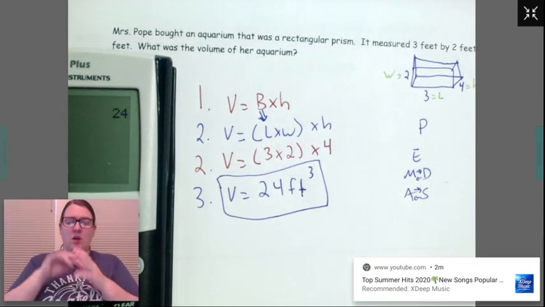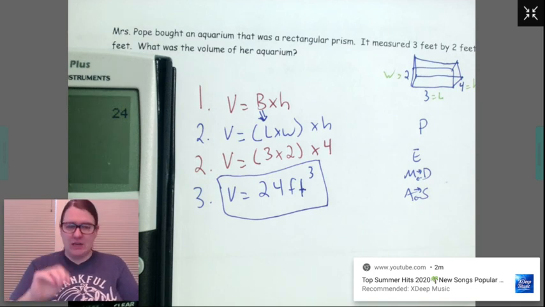And remember, volume is always feet, inches, centimeters, cubed.